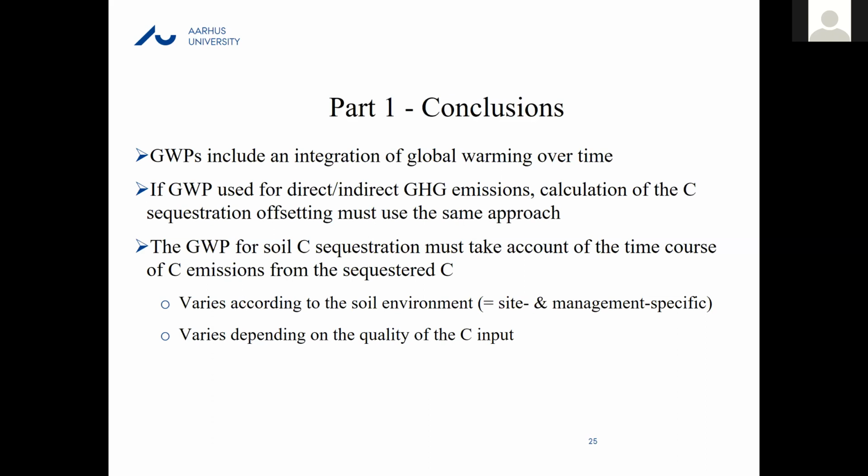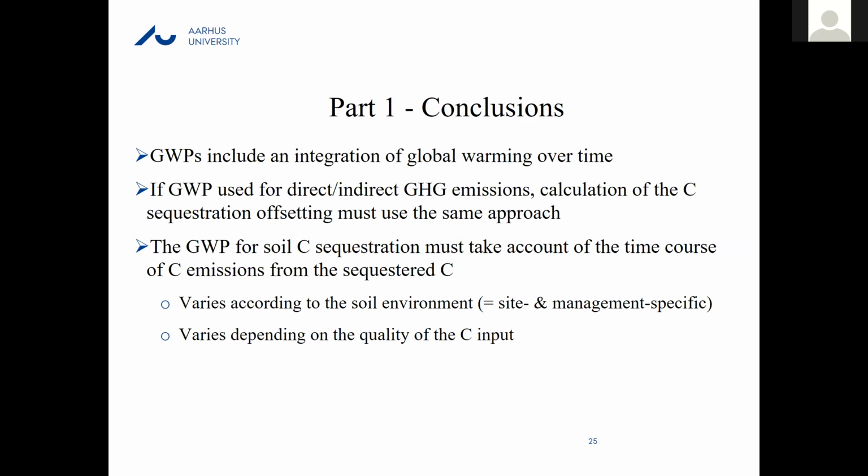The global warming potential for soil carbon sequestration must take account of the time course of carbon emissions from the sequestered carbon, and this will vary according to the soil climate, in other words, depending upon site and management specific factors.